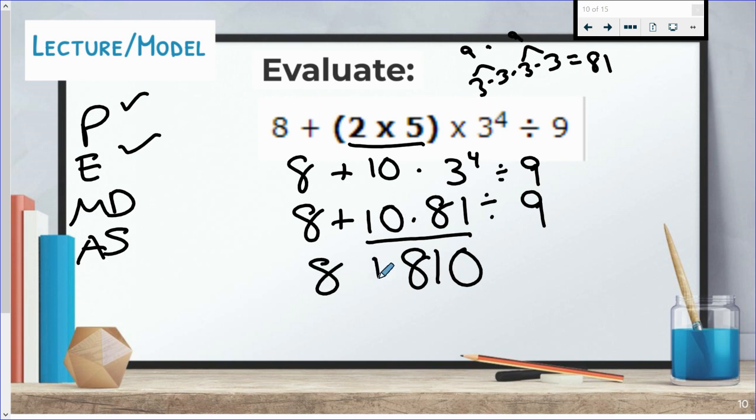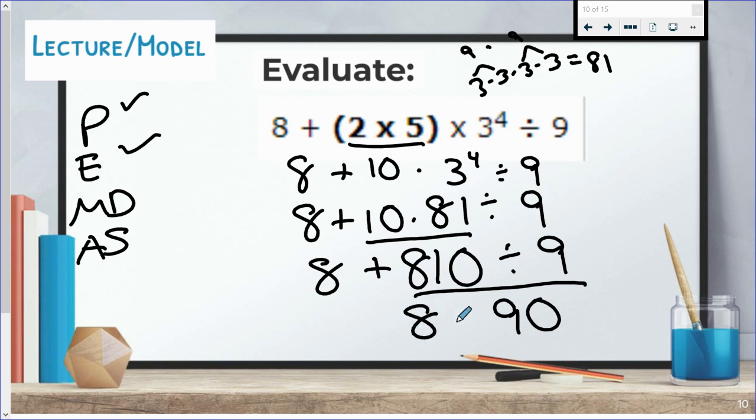So now I have 8 plus 810 divided by 9. 810 divided by 9 would be 90, because 81 divided by 9 would be 9, and then add in the 0 for the 810. 8 plus 90 would be 98. So the value of that expression is 98. All right, let's move forward.